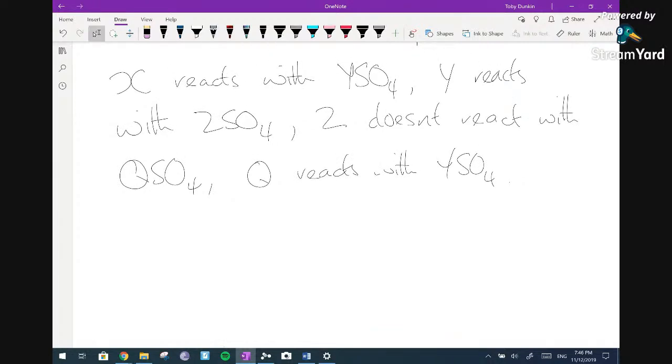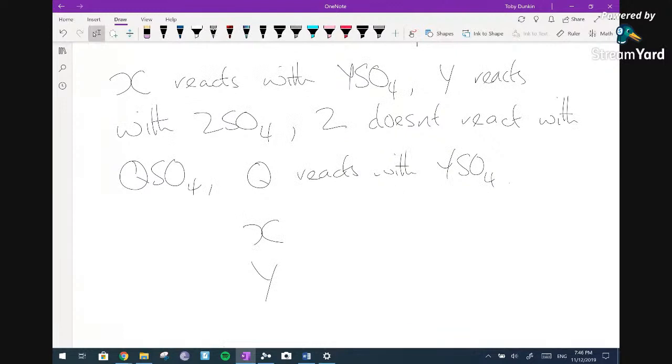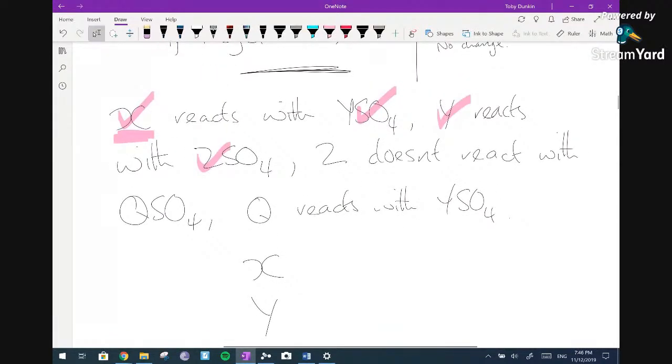So what you do is you have to say, well, X reacts with Y. So X is clearly above Y. It has to be, because X reacted with Y sulfate, which means it must be above it in reactivity. But then it says Y reacts with Z. Oh, so Y must be above Z. That means that Z must also be below X as well.